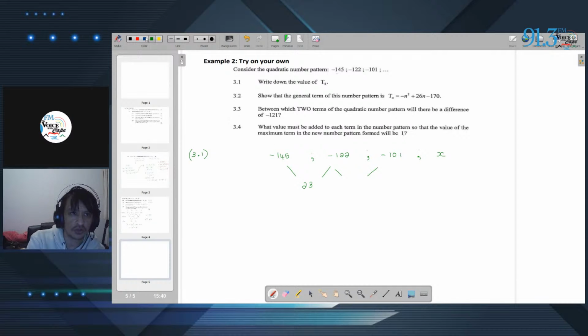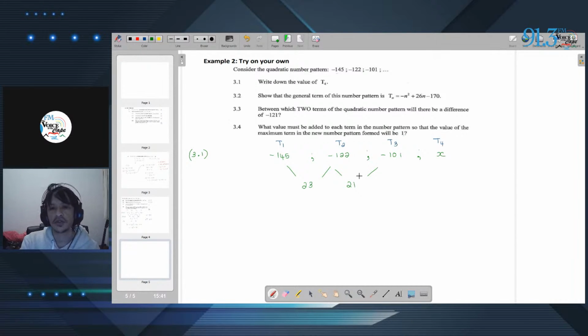This is the first term, the second term, the third term, and this is the fourth term. Now we find negative 101 minus negative 122, and this is 21.